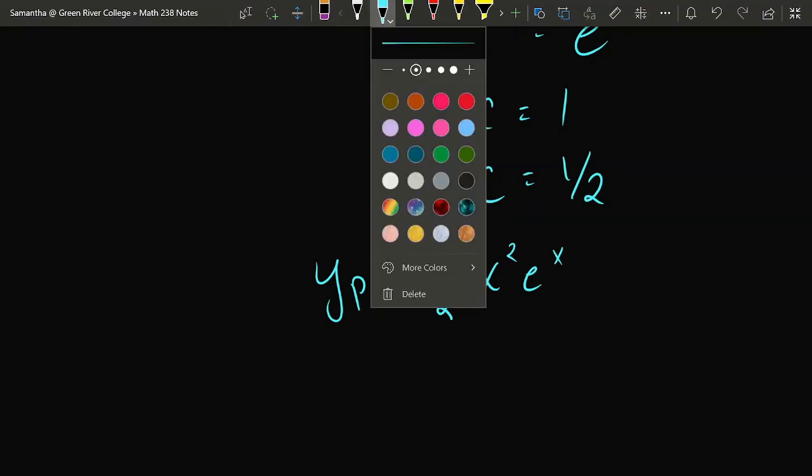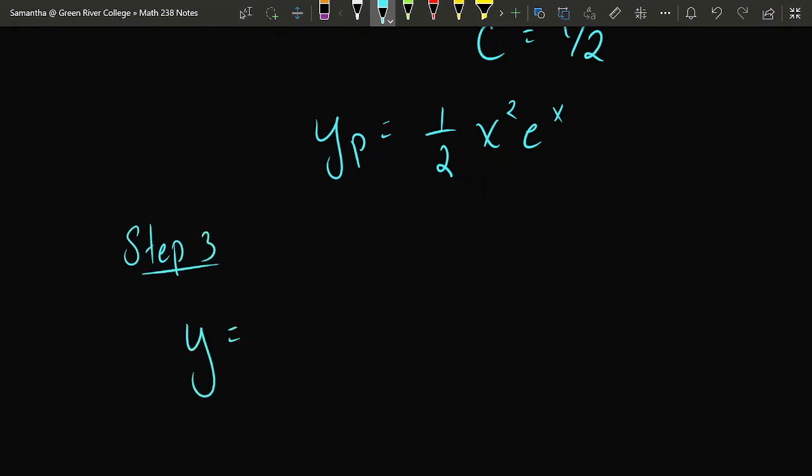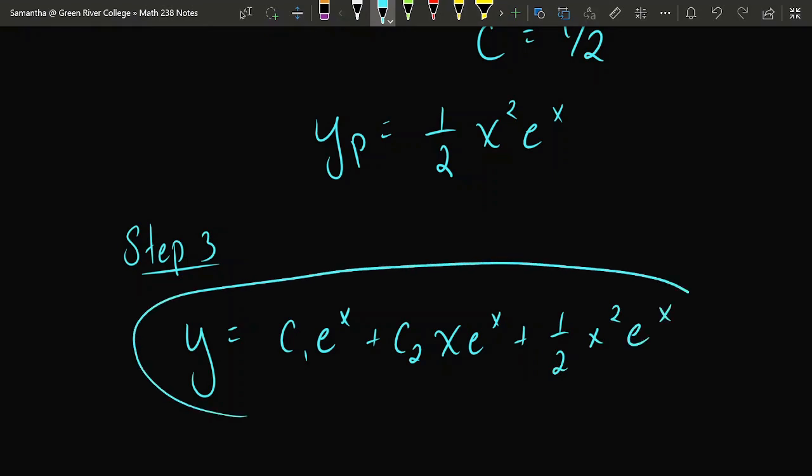Now that I have a complementary solution and my particular solution, I can get my general solution, that y is equal to c1 e to the x plus c2 x e to the x plus 1/2 x squared e to the x. All the solutions to the non-homogeneous ODE must be of this format. That concludes today's material.